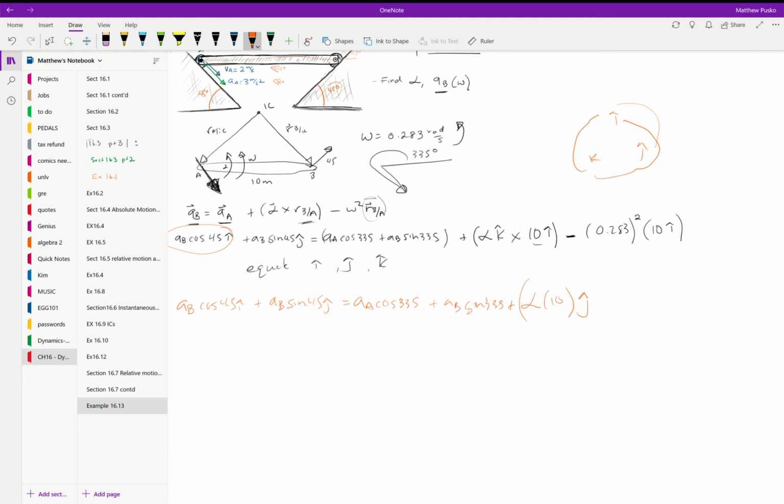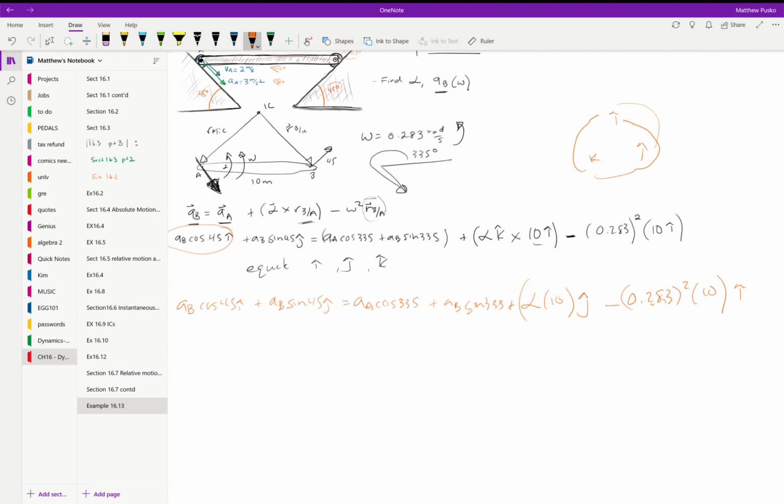Then I have a negative 0.283 squared times 10, and that's in the I direction still.